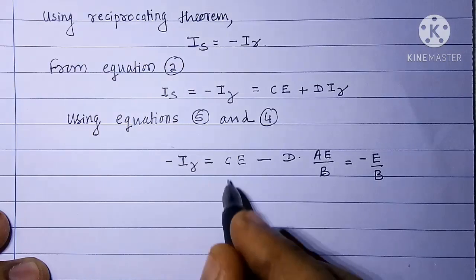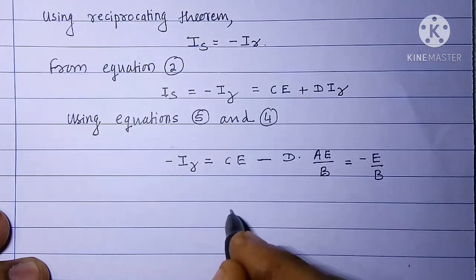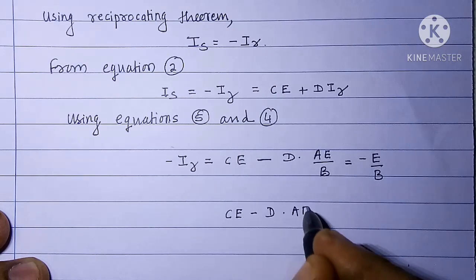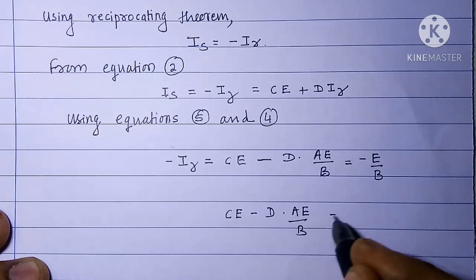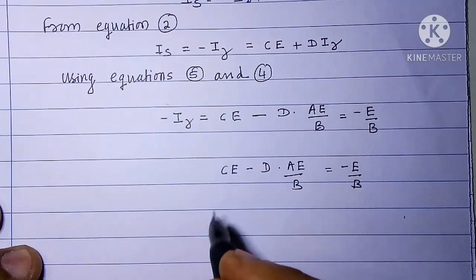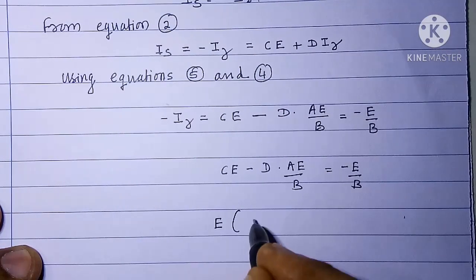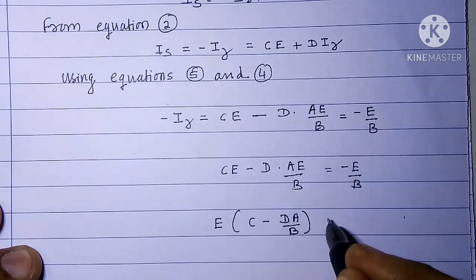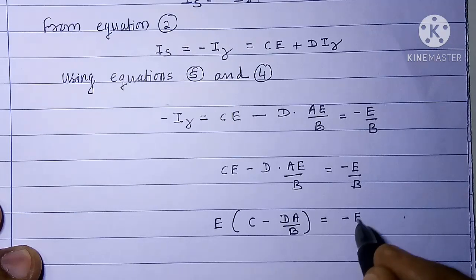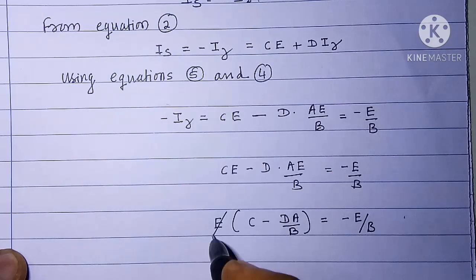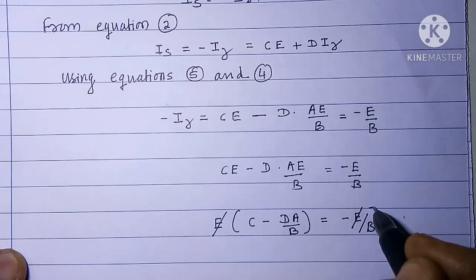Now I will take RHS of this equation as CE minus D into AE upon B equal to minus E by B. Taking E common outside, C minus DA upon B equal to minus E by B. Now E and E will cancel, giving out minus 1 here.